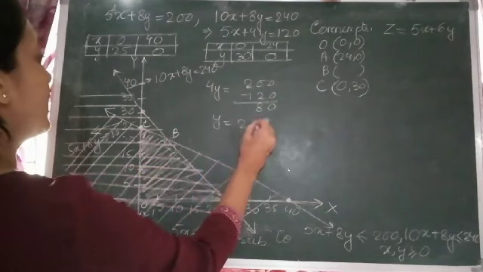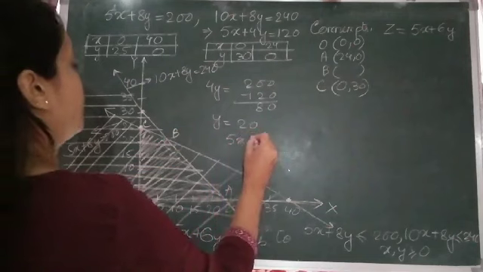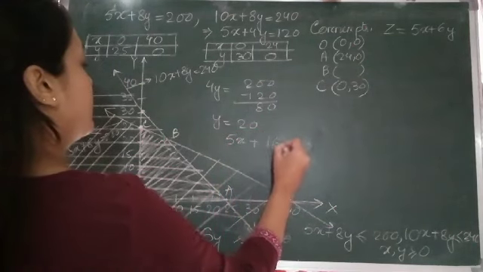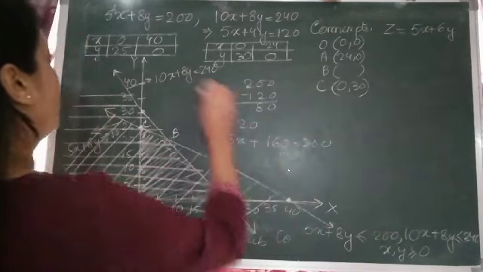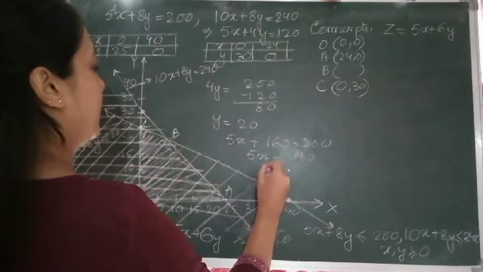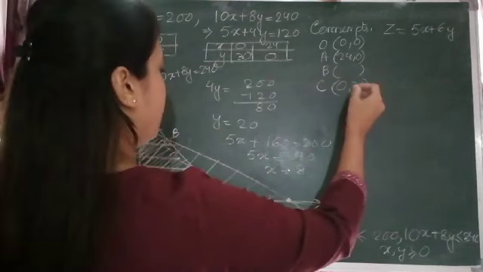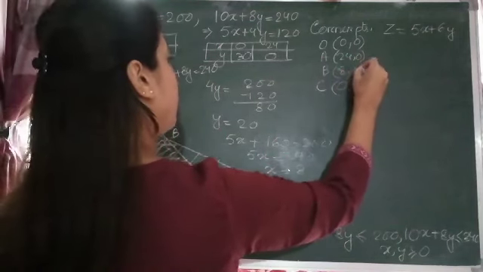Hence y will be equal to 20. And x will be, I am substituting the value of y in the first equation, 160 equals 200 minus 40. x will be equal to 8. So coordinates of B are 8, 20.